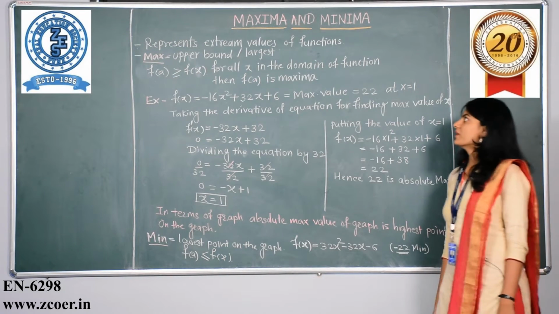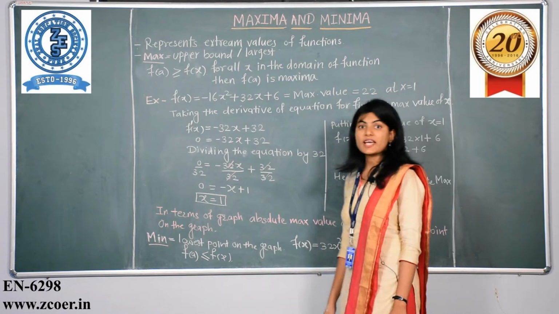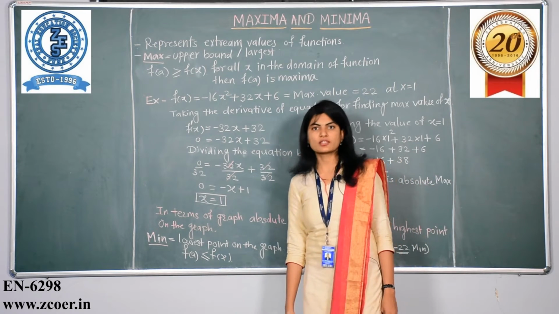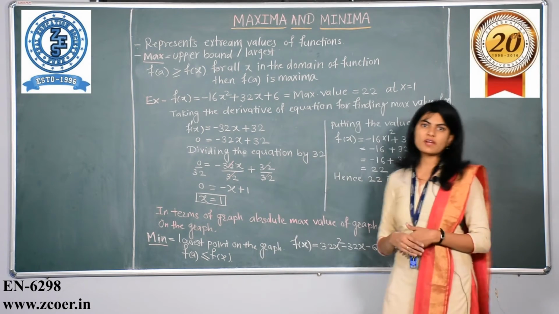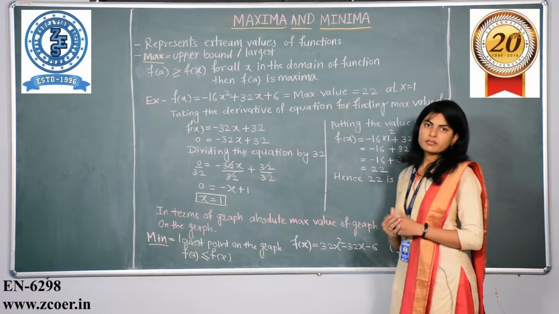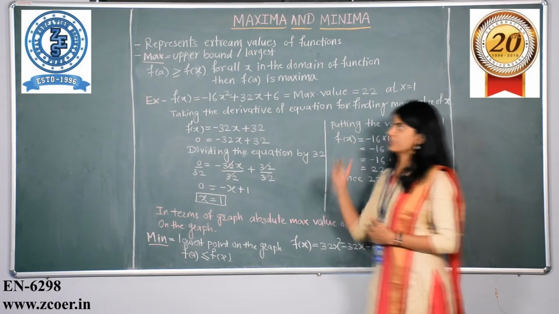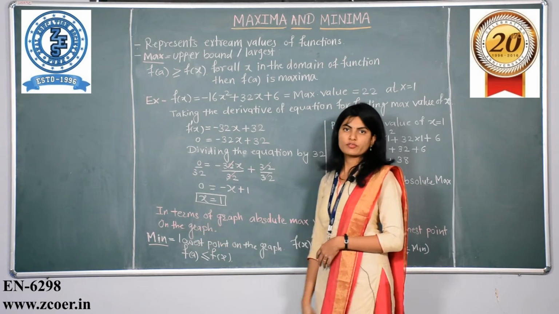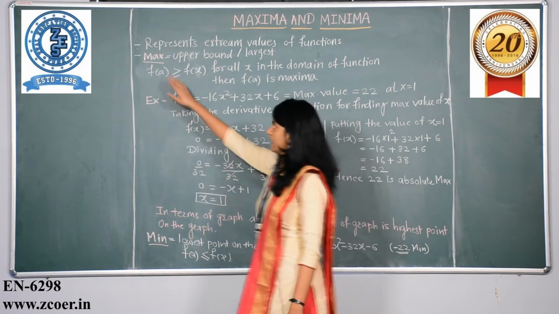Friends, maxima and minima represent the extreme values of any function. Extreme values means either the largest possible value or the lowest possible value. Let us see one by one, first maxima, then minima.